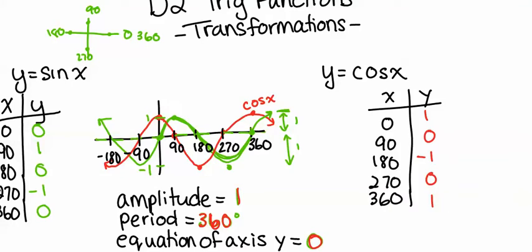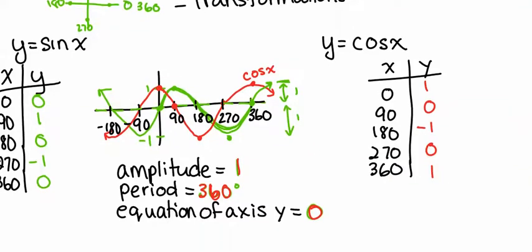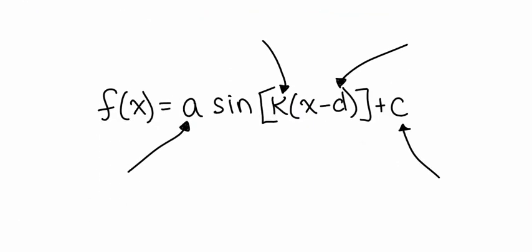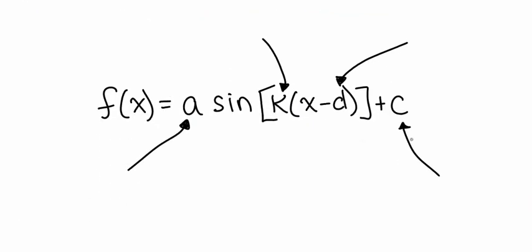So those are our parent functions, we call them, our base functions, and now we're going to look at transforming them. Okay, so we're back to this situation, A, K, D, and C, that we've done a number of times already with a whole bunch of different functions. Sine or cos can be inserted.